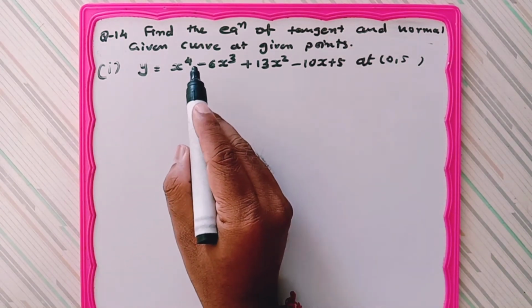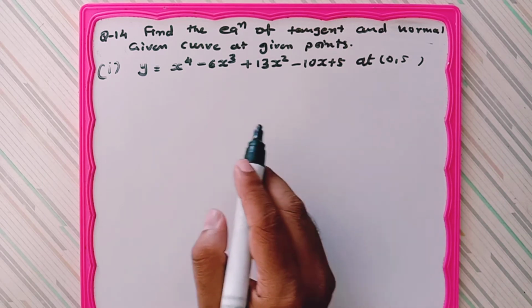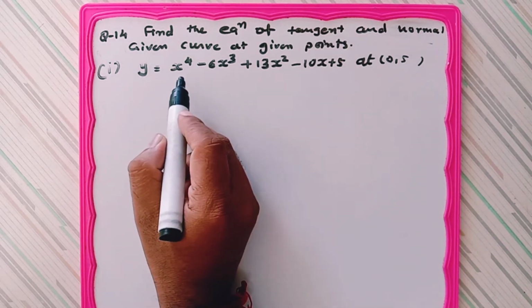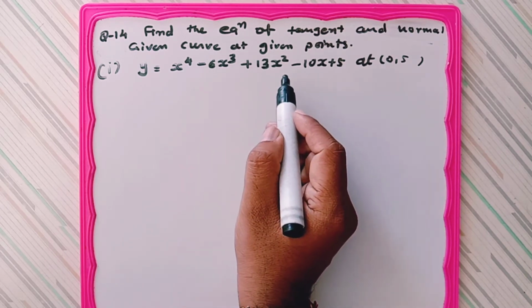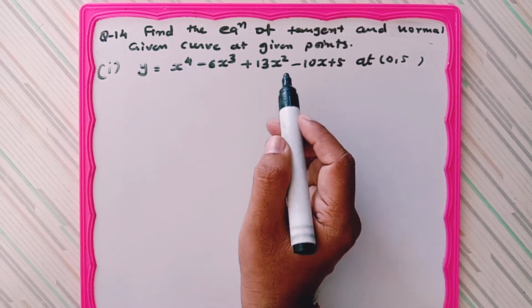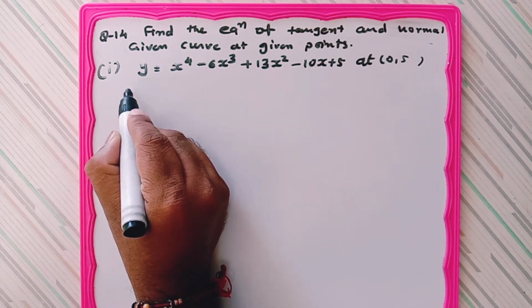We have question 14: find the equation of tangent and normal to the given curve at the given point. The first question is y equals x raised to 4 minus 6x cube plus 13x square minus 10x plus 5 at (0, 5). We differentiate with respect to x for the slope of the tangent.